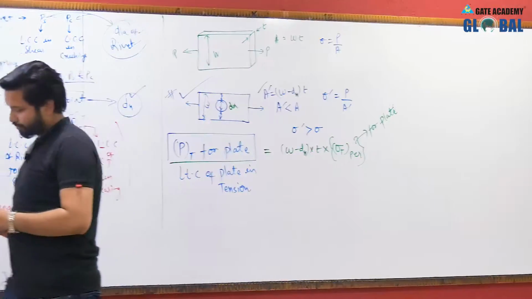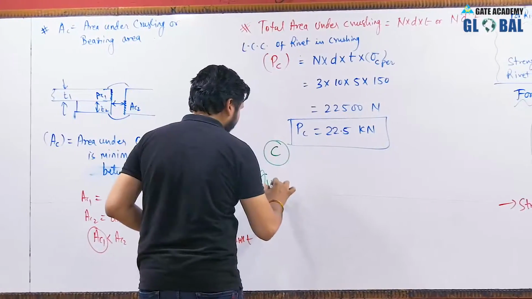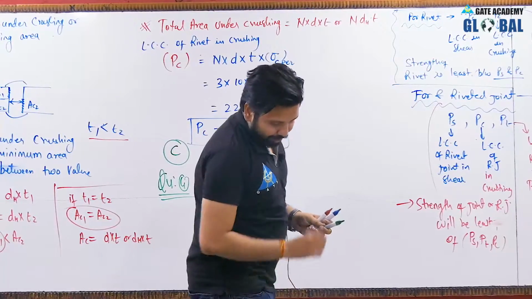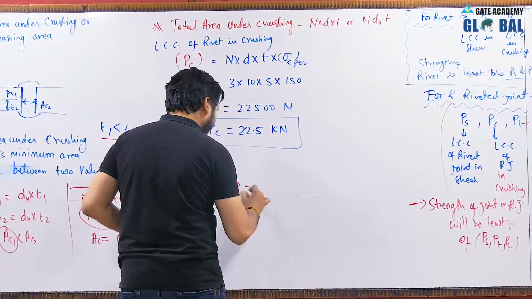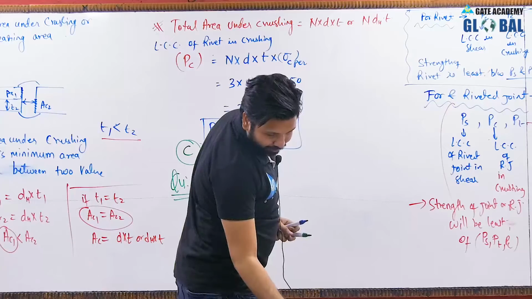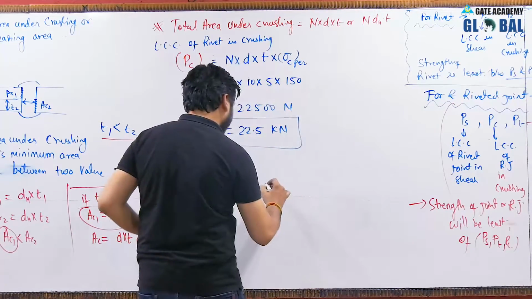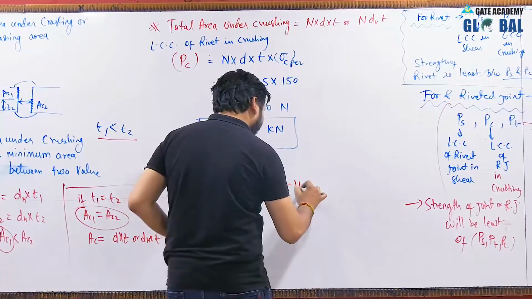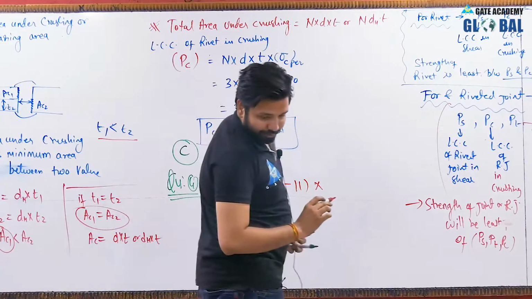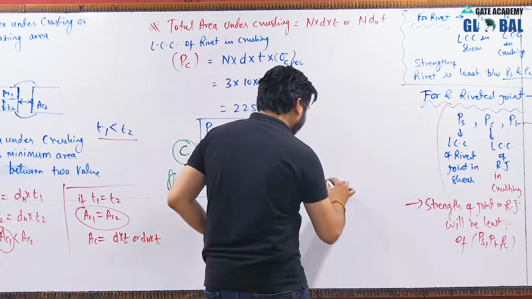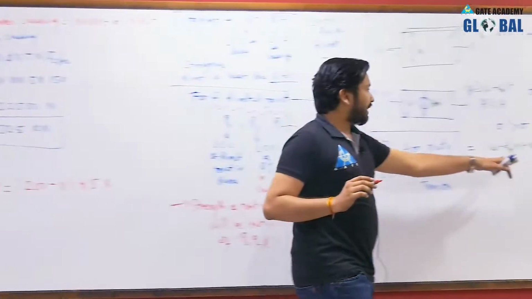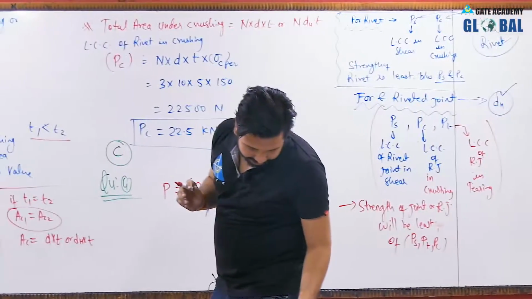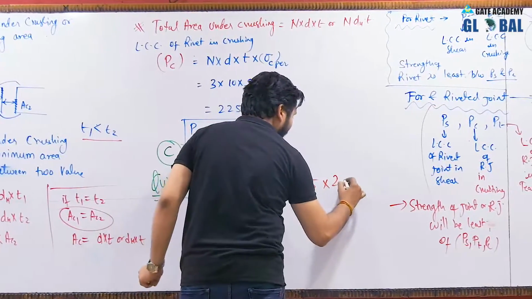Now let us solve the workbook question number 4. So for question number 4, the permissible load P in kilonewton, W, that is width of the plate is 200 mm, so this is 200 mm minus the diameter of hole is 11 mm, the thickness of the plate is 5 mm, into the permissible tensile stress for the plate, and for the plate the permissible tensile stress is 200 megapascal, that is 200 Newton per mm square.